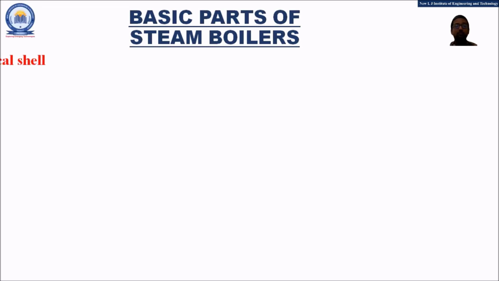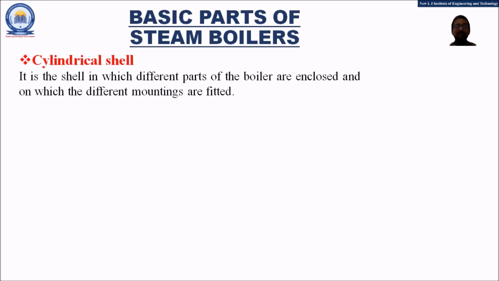So the first component of the steam boiler is the cylindrical shell. The cylindrical shell is the outer covering of the steam boiler, because in the last lecture we understood that the boiler is a closed pressure vessel. So the covering of the boiler is the cylindrical shell.